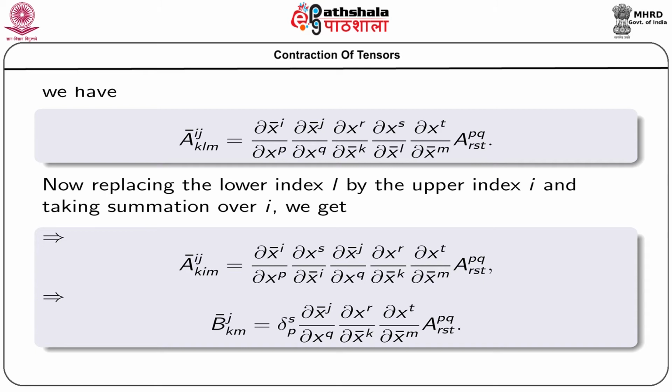So, they are the new components B r j k m equals del s p from the first two factors of the previous expression. We get del x s p, and then the last part del x bar j, del x q, del x r, del x bar k, del x t, del x bar m, A p q r s t.